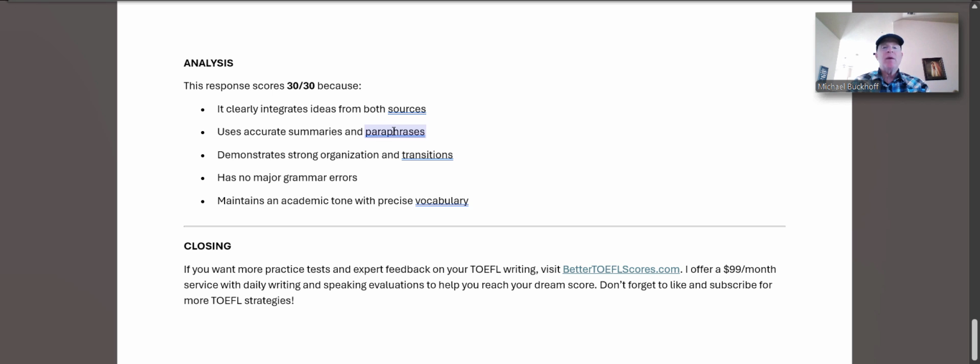And paraphrase means that you're accurately re-explaining the information without changing the meaning, without leaving out important information. It demonstrates strong organization and transitions, has no major grammar errors, and maintains an academic tone with precise vocabulary. So I think because of these reasons, this essay will score 30 out of 30.